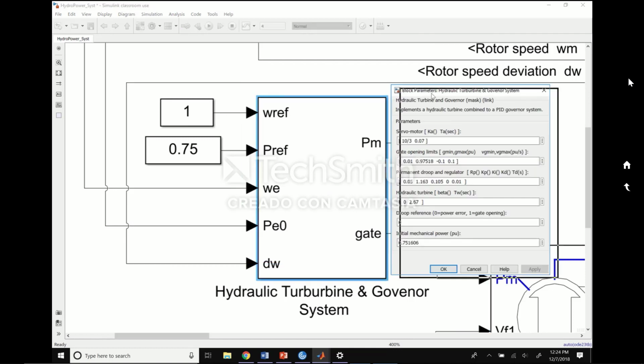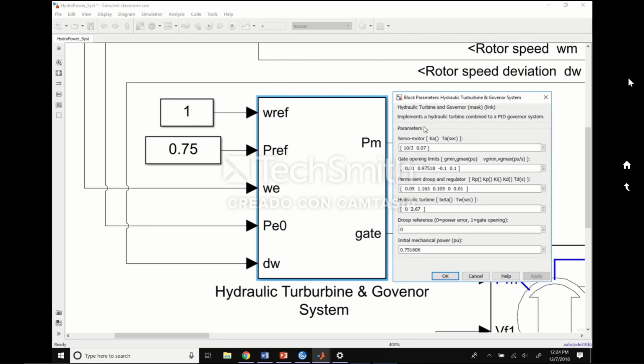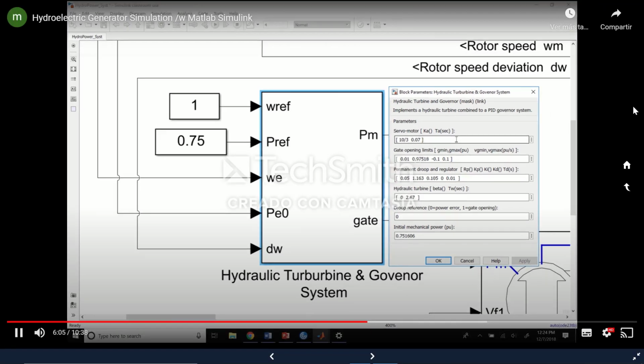If we click on the hydraulic turbine, we see a lot of parameters about the servo motor, the gate opening limits, the drooping regulator, the actual turbine, and the initial mechanical power. This is all taken care of by the power GUI.